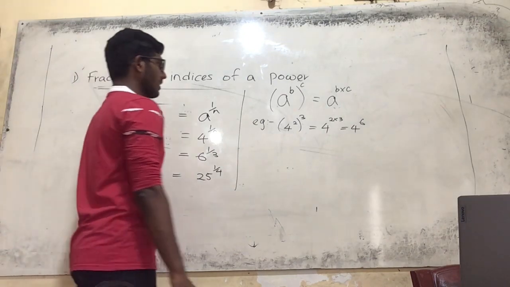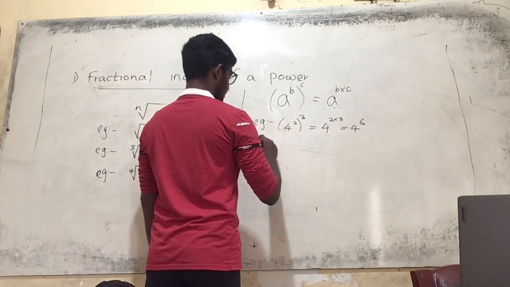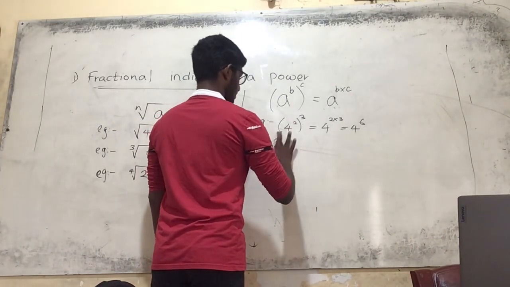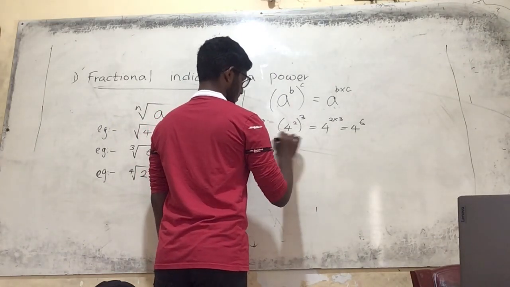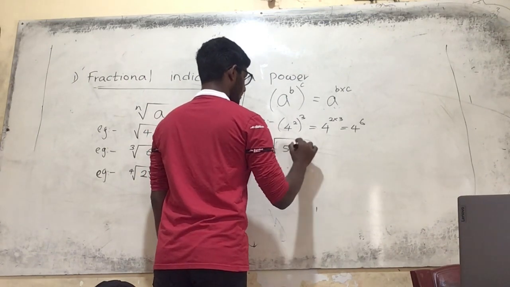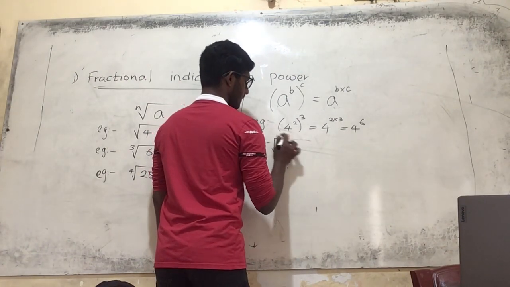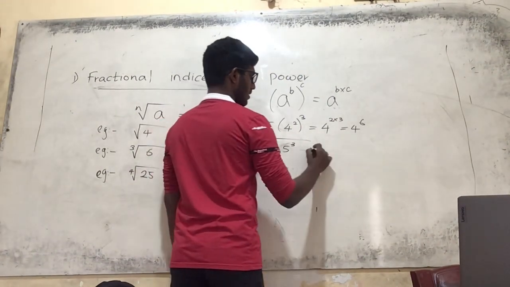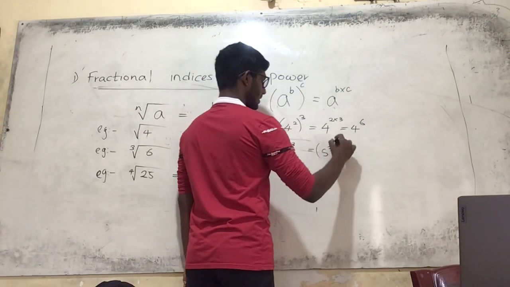Now let's have something like this. What is this? 5 to the power 3.